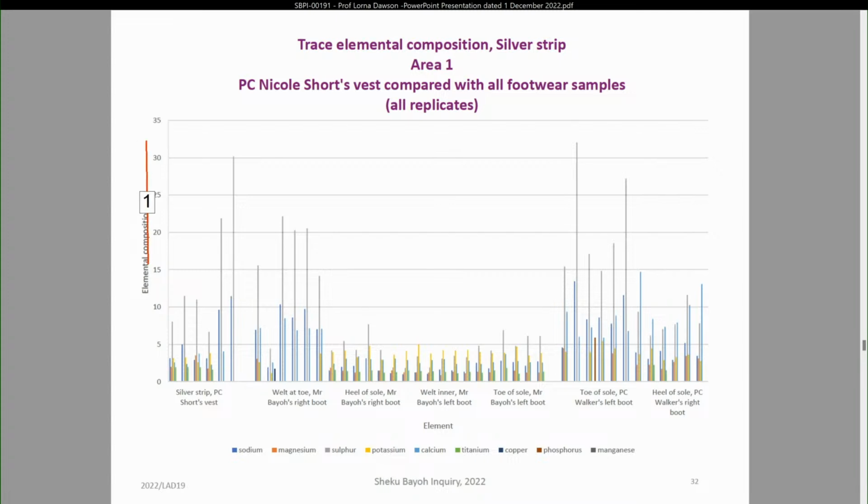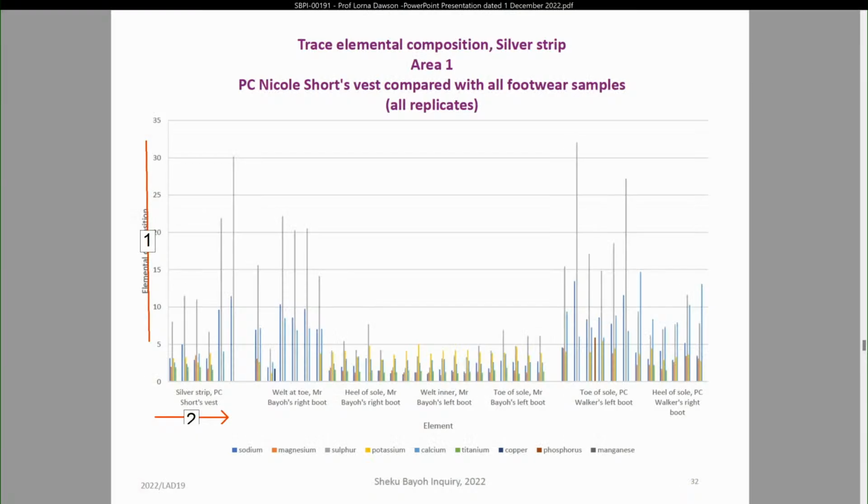So the y-axis is the relative amounts. The higher the bar is, the more of that particular element there is in a sample. Along the x-axis we've got the 6 replicates from Area 1 on PC Short's vest, the lower edge sample at the bottom of the silver strip.